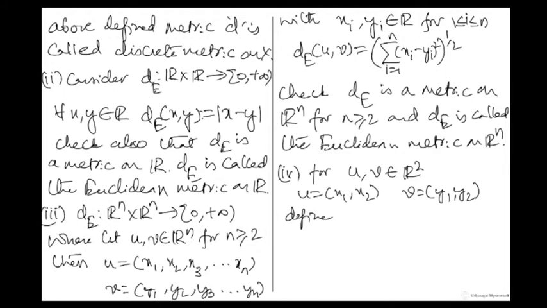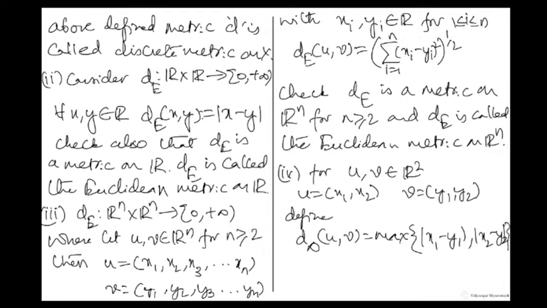Define d, I think it's called d infinity, of (u, v). It is basically the maximum of the absolute value of x1 minus y1 and the absolute value of x2 minus y2.